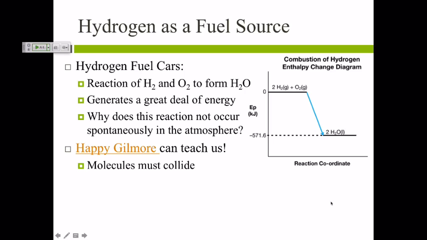And so in order for a reaction to occur, for that golf ball to even be considered in this, there's a few qualifications that have to occur. In order for two molecules to react, they have to collide with each other. If they don't run into each other, then no reaction is going to happen, because new bonds are going to be formed and old bonds are going to be broken.